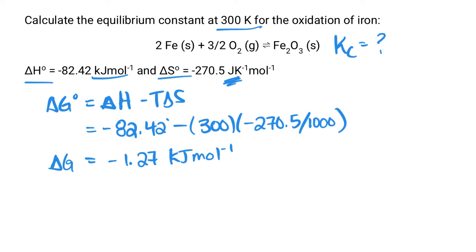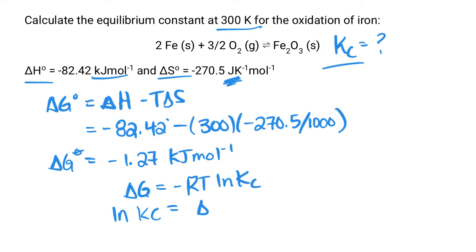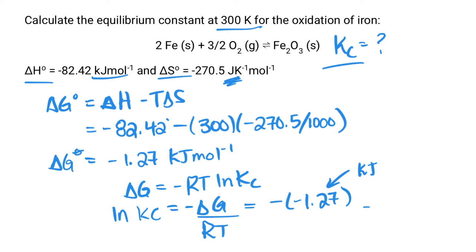Okay. From here, if we want to get Kc, we have to use delta G is equal to negative RT ln K. Or if we rearrange this, the ln of Kc is equal to negative delta G over RT. So plugging in our values, we have negative 1.27 for our delta G in kilojoules, so keep that in mind.